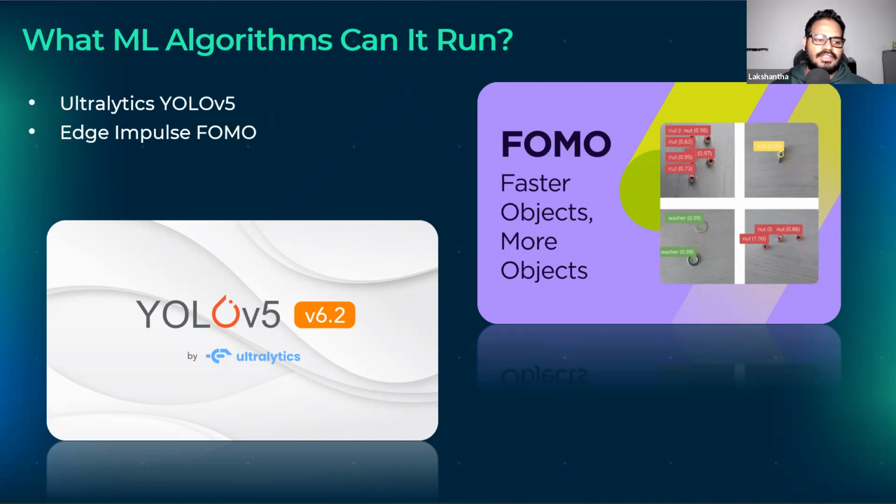Because we believe that FOMO can really help to run the AI models and have better inference performance, better frames per second than YOLOv5, because YOLOv5 is mainly optimized to run on hardware which has more capabilities than a small microcontroller like this. And FOMO is mainly optimized for small microcontrollers like this. So that is why we wanted to do this.